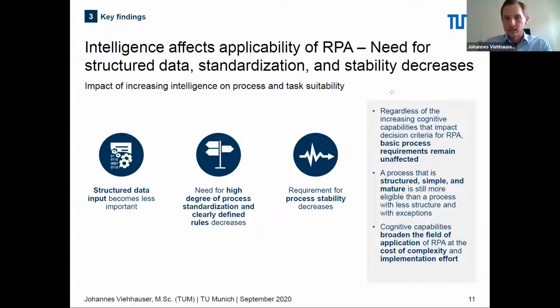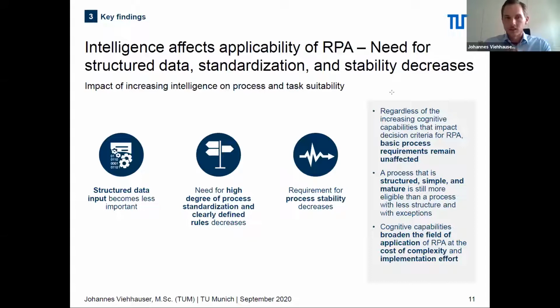And on the other hand, the need for a high degree of standardization and clearly defined rules and the maturity of processes also becomes a little less important because, for example, based on machine learning, especially supervised machine learning in cooperation with human users, RPA is able to also deal with exceptions and incorporate exceptions that have been approved by human users into the processes.